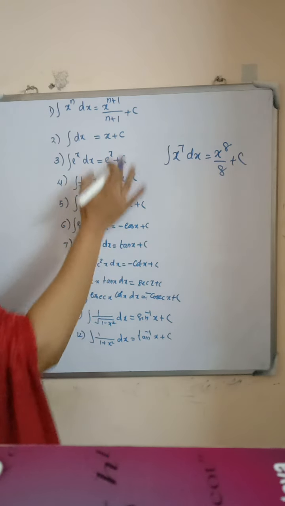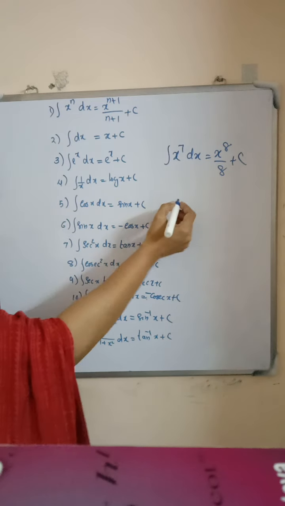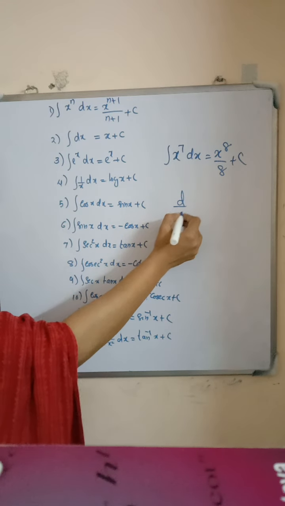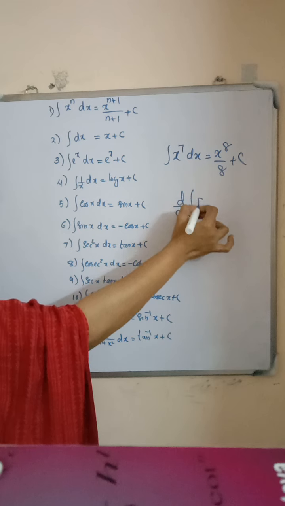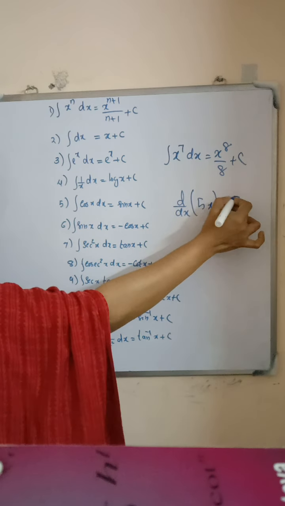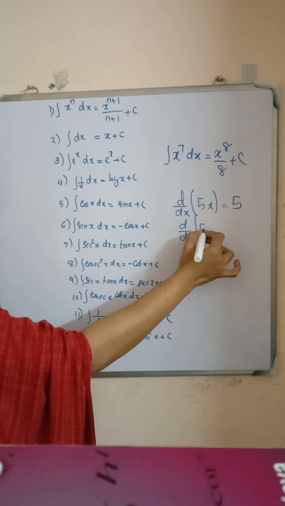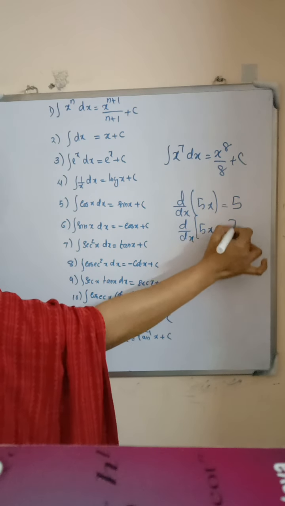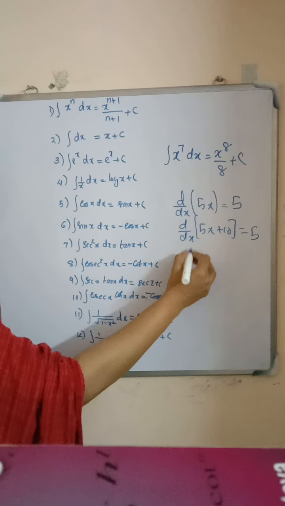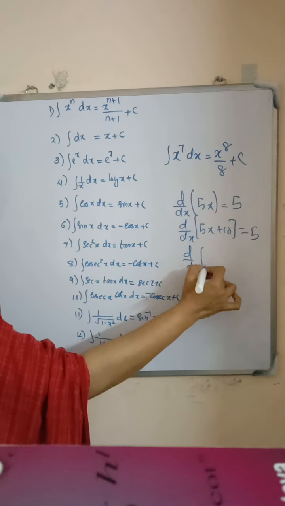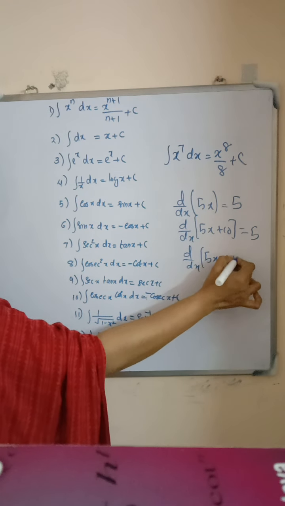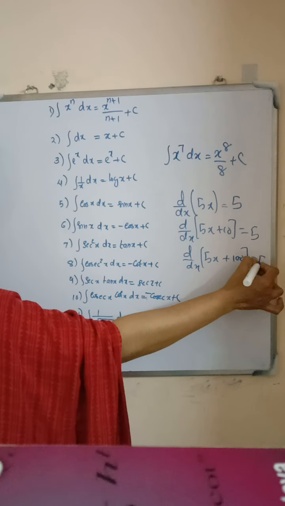Why is this constant added to all these integrals? Because what is the derivative of 5x? It is 5. What is the derivative of 5x plus 10? It is also 5. What is the derivative of 5x plus 100? It is also 5.